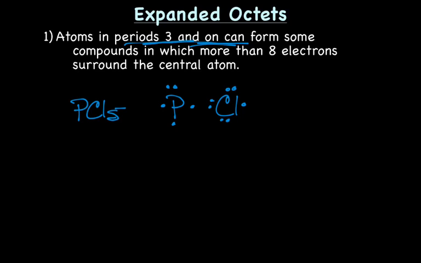So we're going to be starting with phosphorus, right? And then we have a chlorine that can attach to it. Well, the first 3 chlorines are easy, right? There, and there, and there. But we need 2 more chlorines.